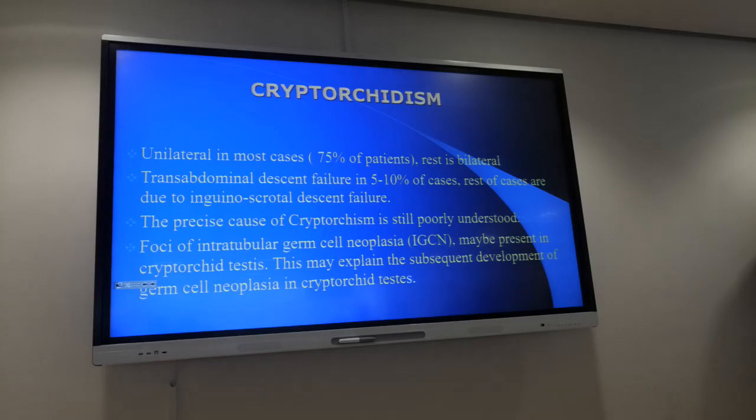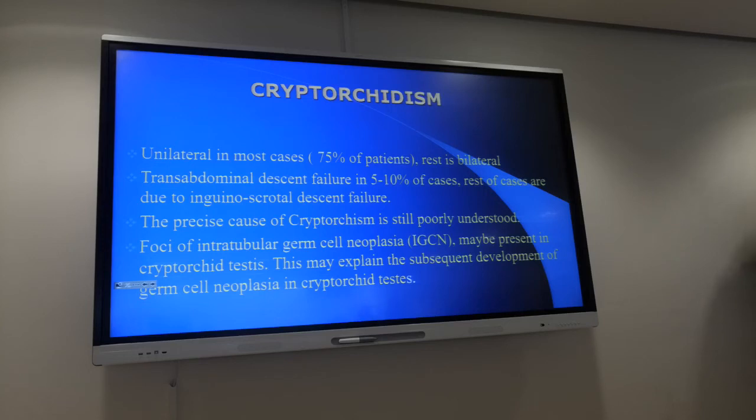Now, the precise cause of cryptorchidism is still poorly understood. They did a lot of hormonal studies trying to figure out if this is related to hormonal imbalances, and that did not really pan out. They thought it is due to the testis not receiving enough blood supply.